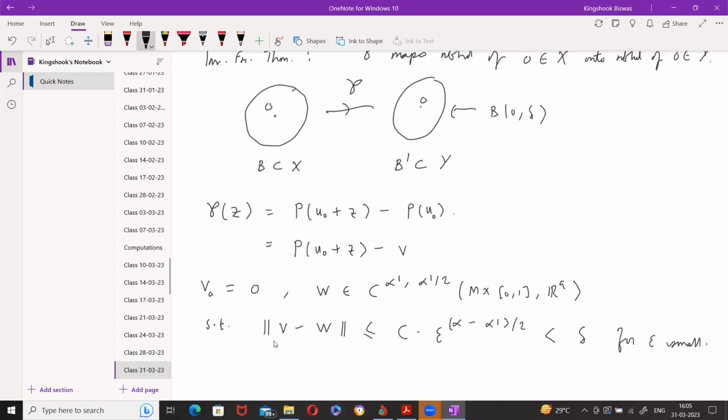And what we had was that W t is equal to V t for t less than epsilon.